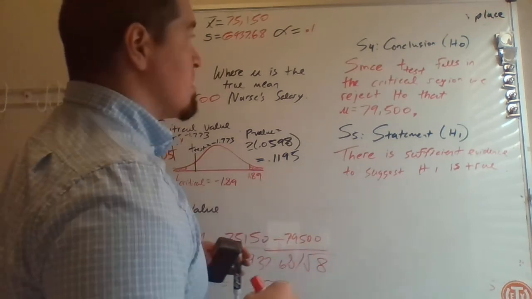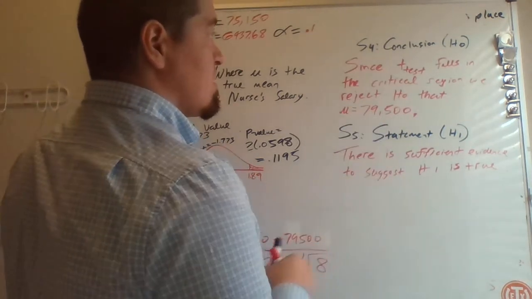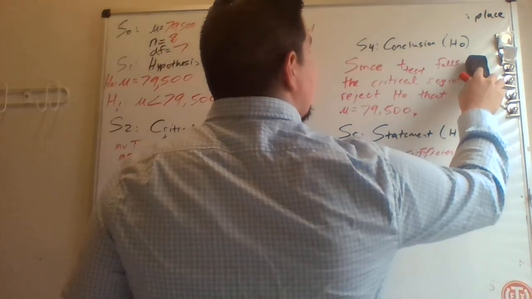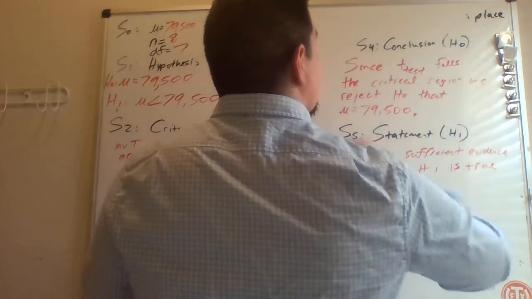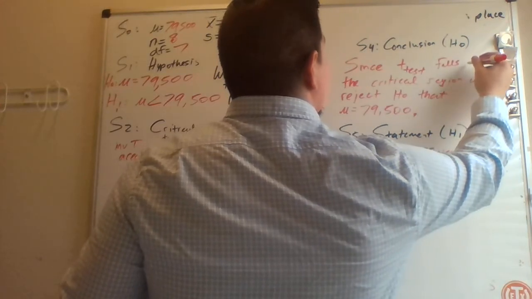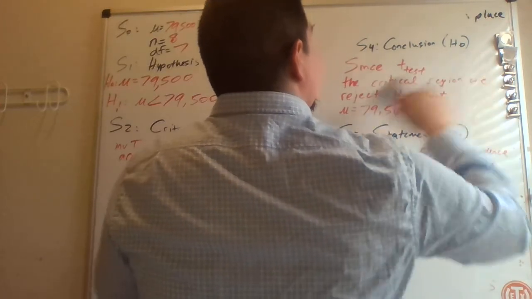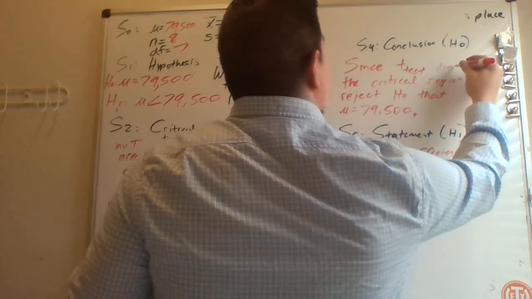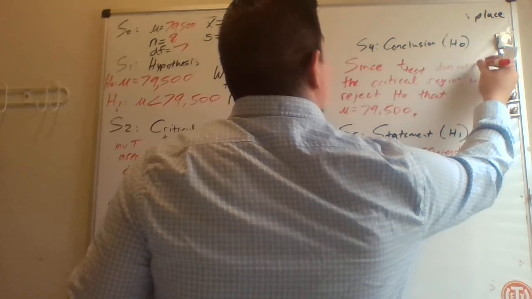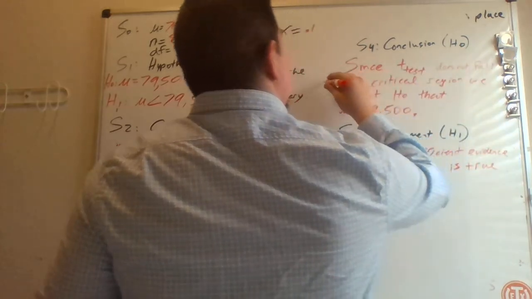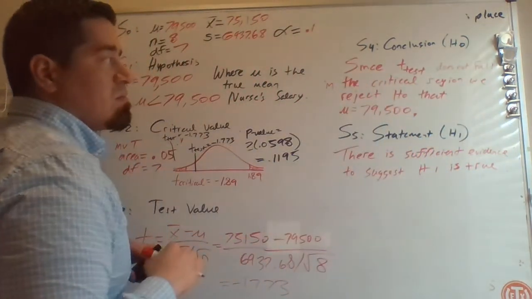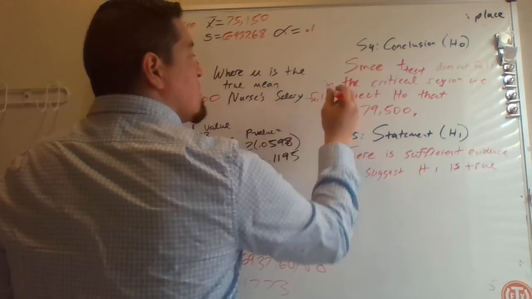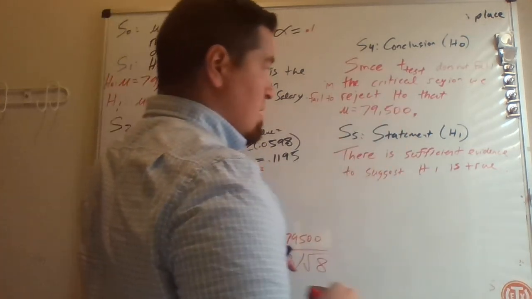So we just have to change one word here. Since t-test does not fall in the critical region, we fail to reject H naught that mu equals 79,500.